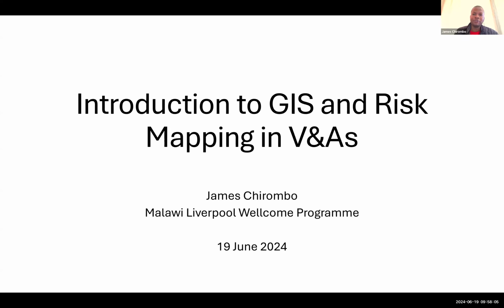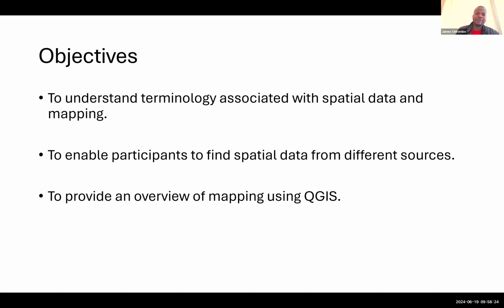I'm going to take you through a few slides. I'm just going to give a high-level introduction to GIS and a few ideas on risk mapping in V&As. I'm going to assume that not everyone knows GIS, so there might be some very basic information, so just bear with me.